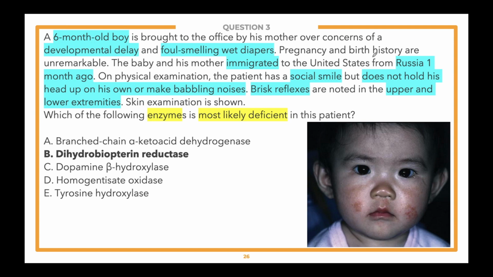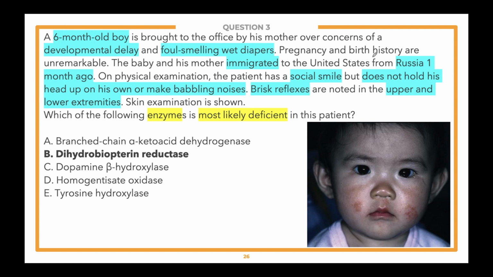Answer choice D, homogentisate oxidase, that is the enzyme that is deficient in alkaptonuria. Okay, and what you get is essentially arthralgias, you get deposition in various areas, not what's going on here.